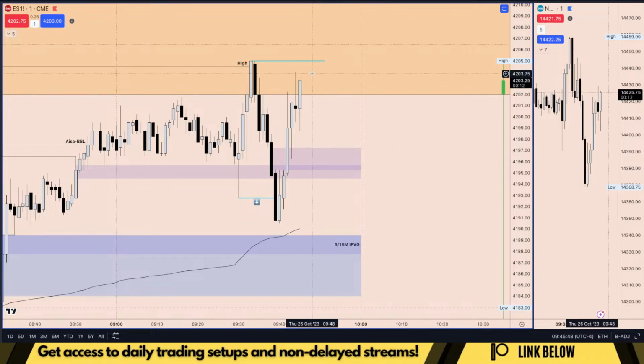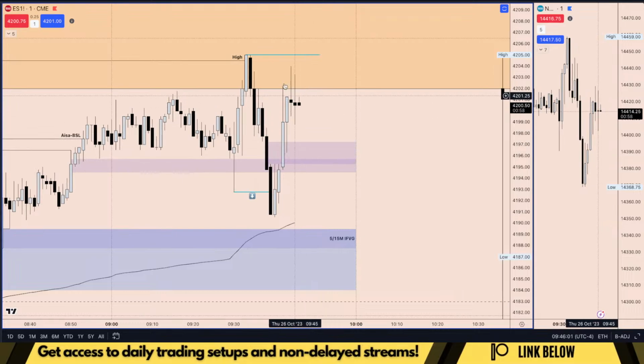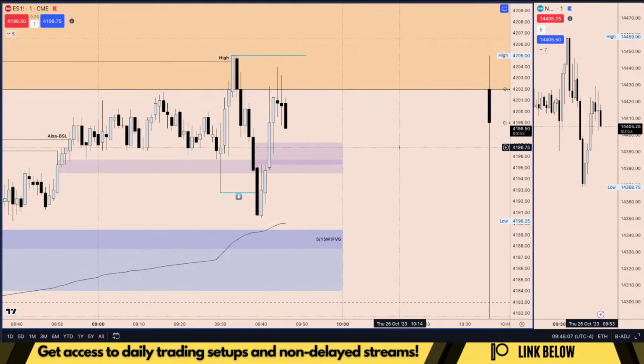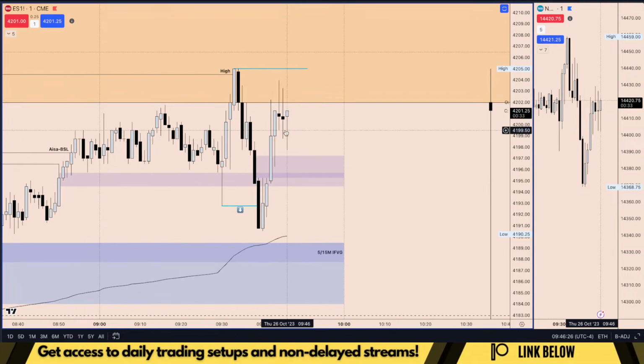There we get our push back into the new day opening gap, but we fail. Open up with a volume imbalance up here. 10 AM, that's our opening range. Have a tiny little bullish fair value gap here on this pullback, but we see the bullish momentum is still there.